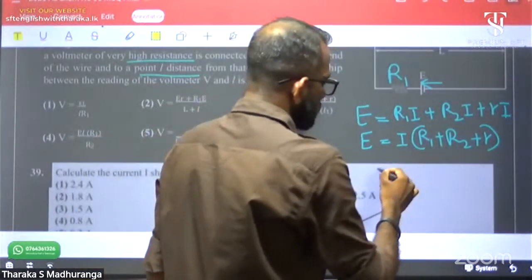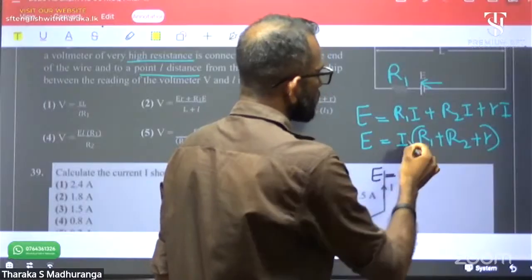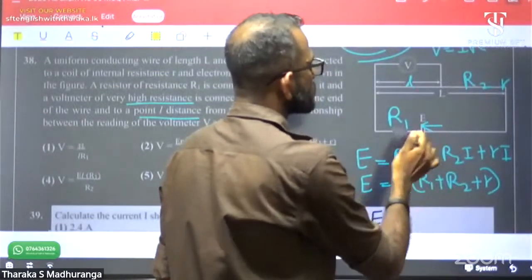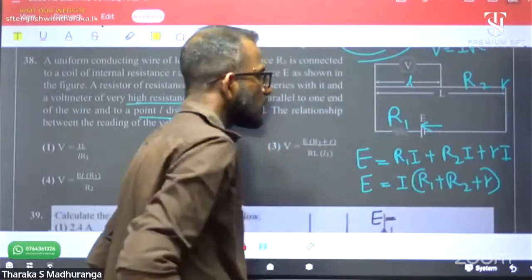Now E equal. Now what is the resistance of this circuit?